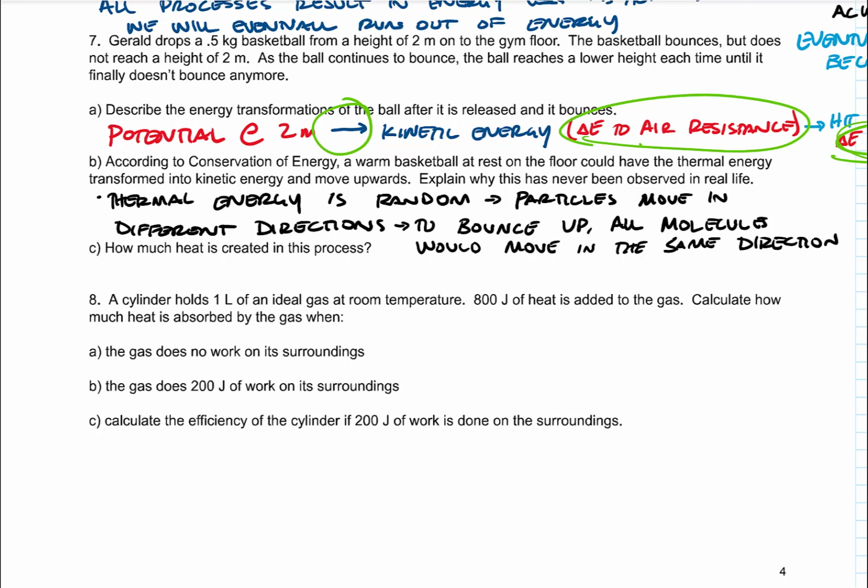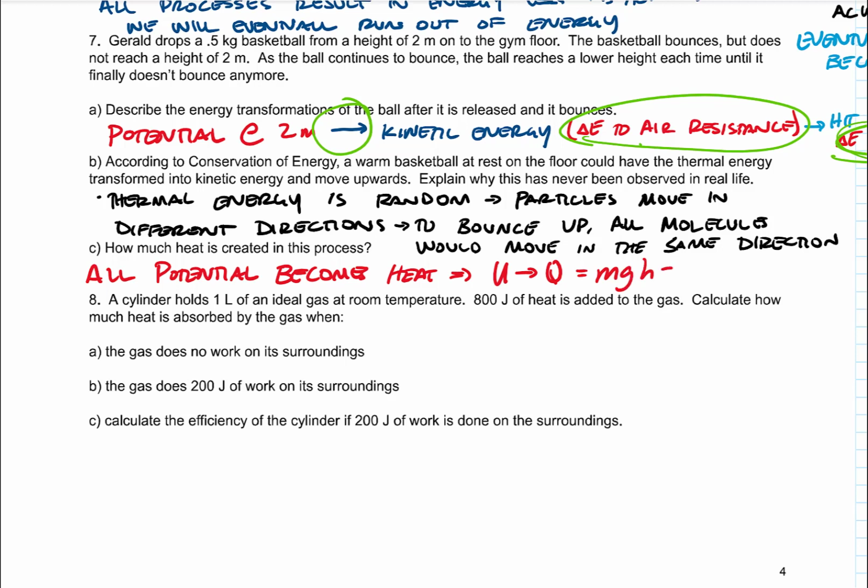So, in this process with the ball, all of the potential eventually becomes heat. So, the U at the beginning turns into Q, or heat, at the end, which means my heat is going to equal my initial potential energy.